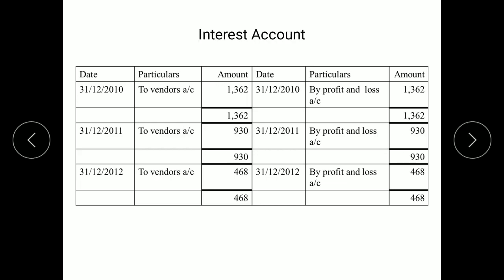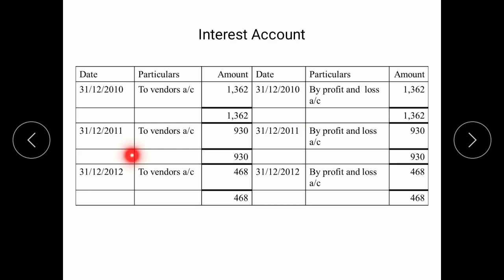Last, the interest account. 31st December 2010, the interest becomes due, 1,362. This interest amount is an expense to the purchaser, so it will then be transferred to the profit and loss account, 1,362.